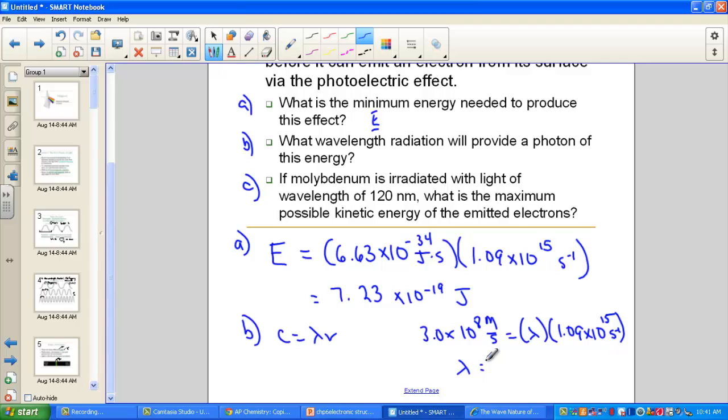Wavelength will come out in meters. So 3E8 divided by 1.09 E15, and I get an answer that says 2.75 times 10 to the negative 7th meters. You might see that reported as 275 nanometers.